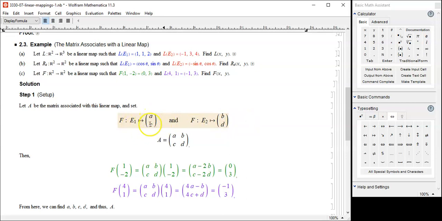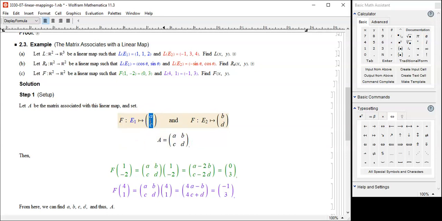If we knew (A, C), the image of E1, and (B, D), the image of E2, then it would be like the previous problems. But this one is a little bit harder. We don't know those. But you can set up a matrix expression like this.